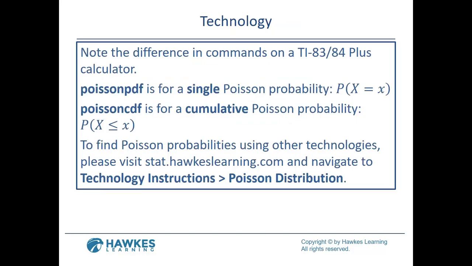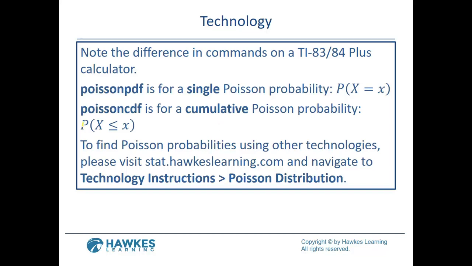So there is a difference in the commands. Poisson PDF is for a single value, what's the probability of this happening. But when I use words like no more than, less than, greater than, then we're using a tweak on it, and we're going to have to use the CDF because we're talking about cumulative words, stuff that builds.